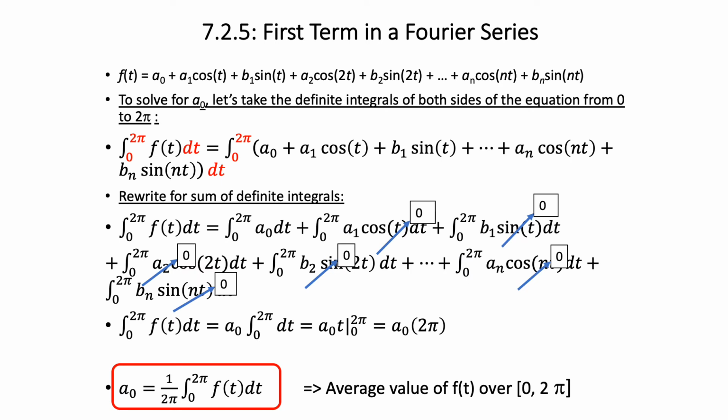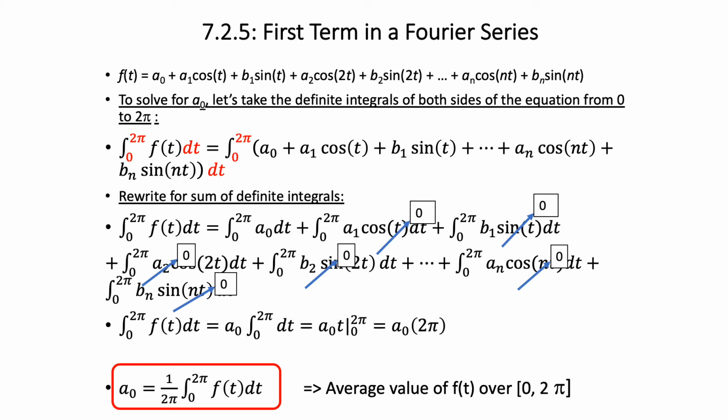Now that we have the integrals, let us go back to equation 0 and try to find the coefficients. In this case, we'll look at coefficient a0. To solve for a0, let's take the definite integrals of both sides of the equation from 0 to 2 pi.